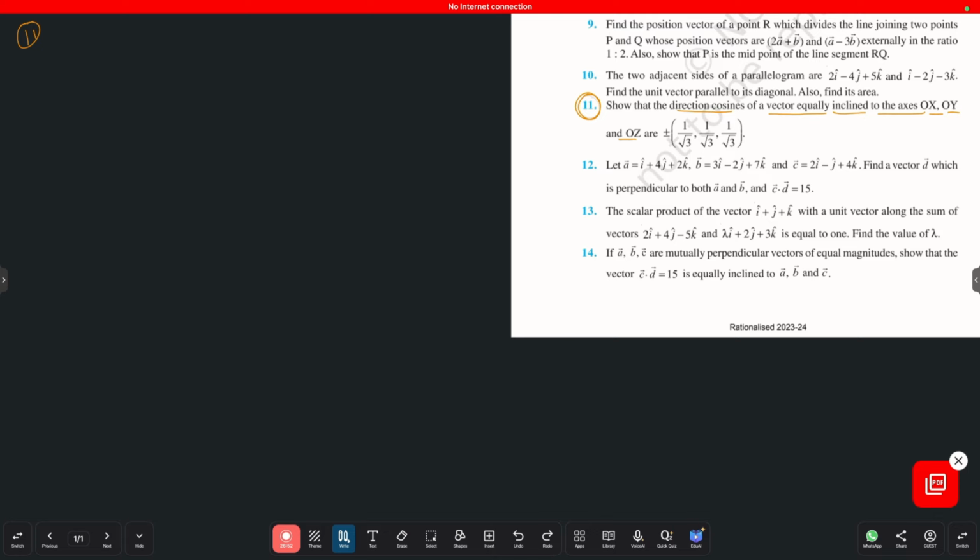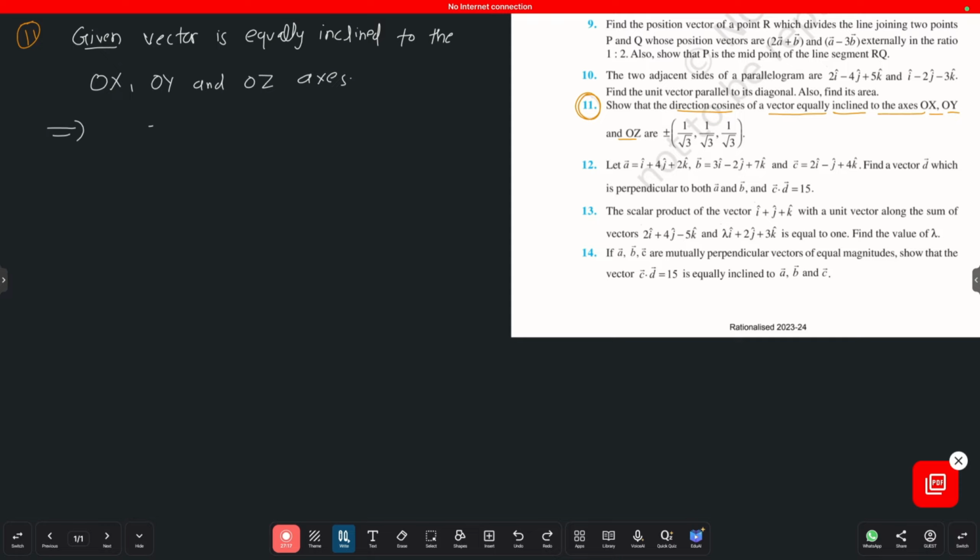Given that a vector is equally inclined to the OX, OY and OZ axes.